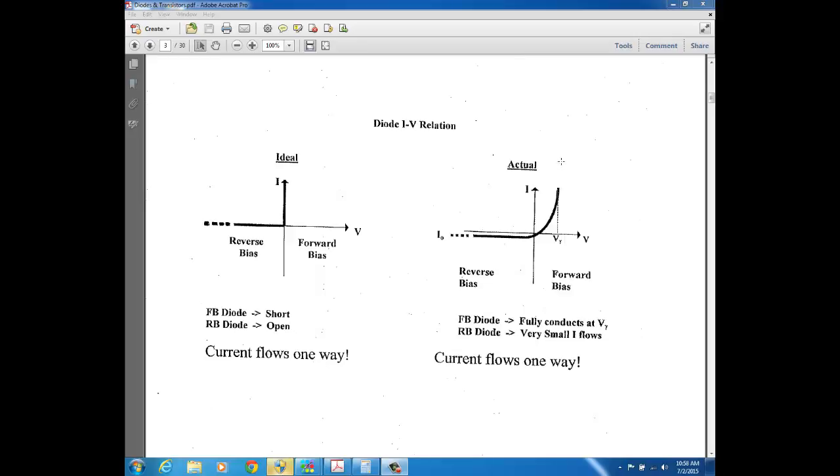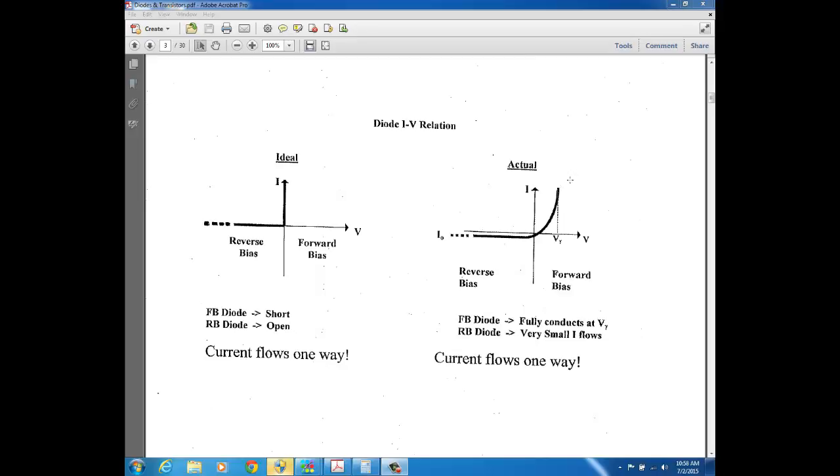Now, this is assuming we're within the power rating of the diode, because if this current got large enough, it would eventually overheat the diode. But as long as we assume that we're within the power rating of the diode, I would have a constant amount of voltage across that diode when it's forward bias. Okay, so say 0.6 volts would be constant no matter what this current is. Well, that's the definition of a voltage source.